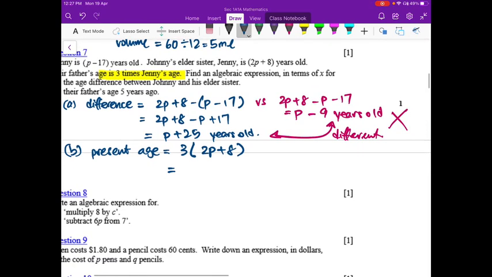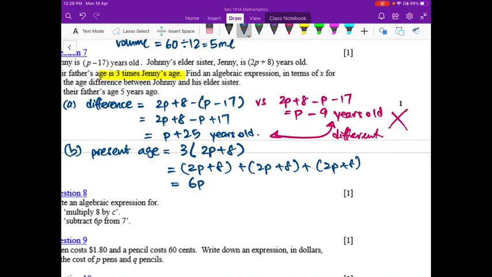I know. 6p plus 21. Okay, how many p's altogether? 6p. What is the number? 8 plus 8 plus 8. 24. Okay, so today 24 years old.